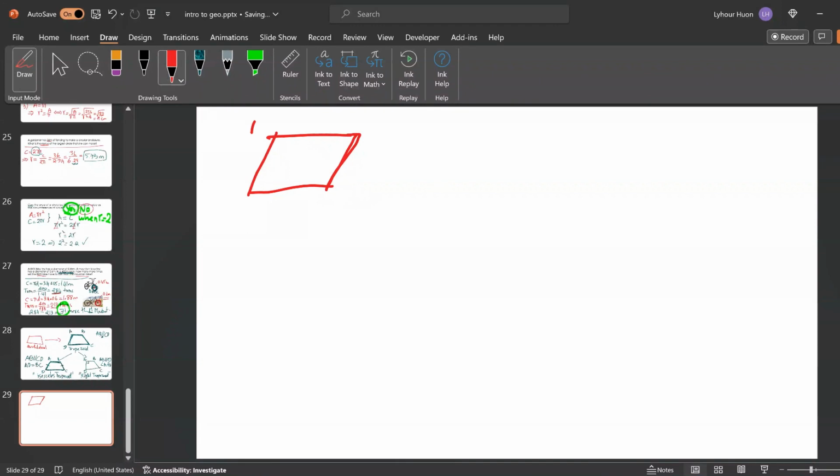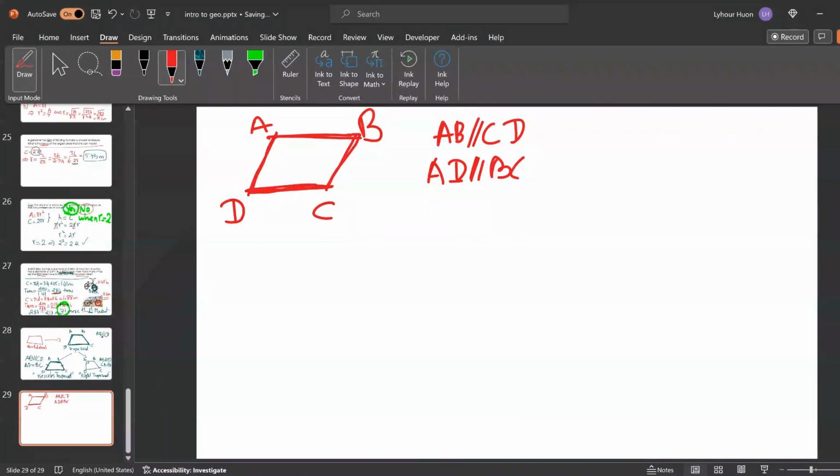So let's name it A, B, C, D. When AB is parallel to CD, while AD is also parallel to BC. Okay. AB parallel to CD, also AD parallel to BC. Wait, AB is parallel to DC, I mean CD, right?